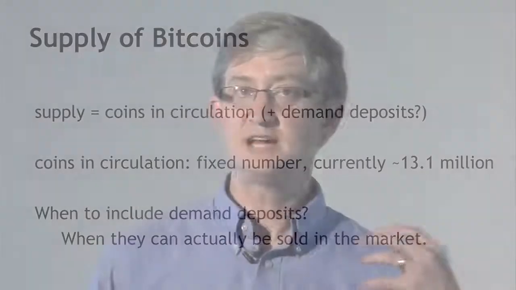And so although it's tempting to say that the supply of Bitcoins is fixed at 13.1 million currently or 21 million eventually, for some purposes we have to include demand deposits, where those demand deposits function like money. And so the supply might not be fixed in the way that some Bitcoin advocates claim. And we need to look at the circumstances of the particular market we're talking about in order to understand what the proper money supply is.